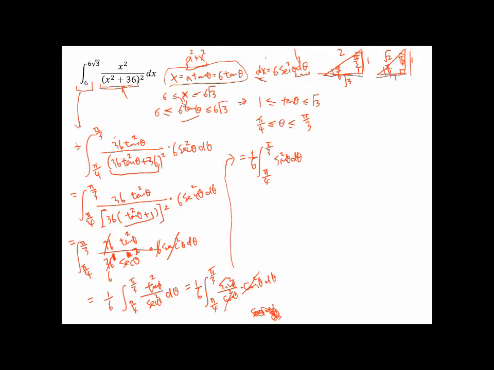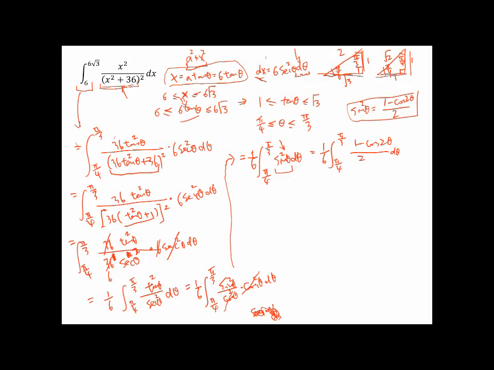Okay. Integration with sine and cosine with even powers, we mentioned in the previous video. You can go back and check. Remember the key formula here. If it is an even power, we always want to use sine theta squared equals (1 minus cosine 2 theta) over 2, right? This is our key formula. So plugging in, it equals 1 over 6, integral from pi over 4 to pi over 3 of (1 minus cosine 2 theta) over 2 d theta.